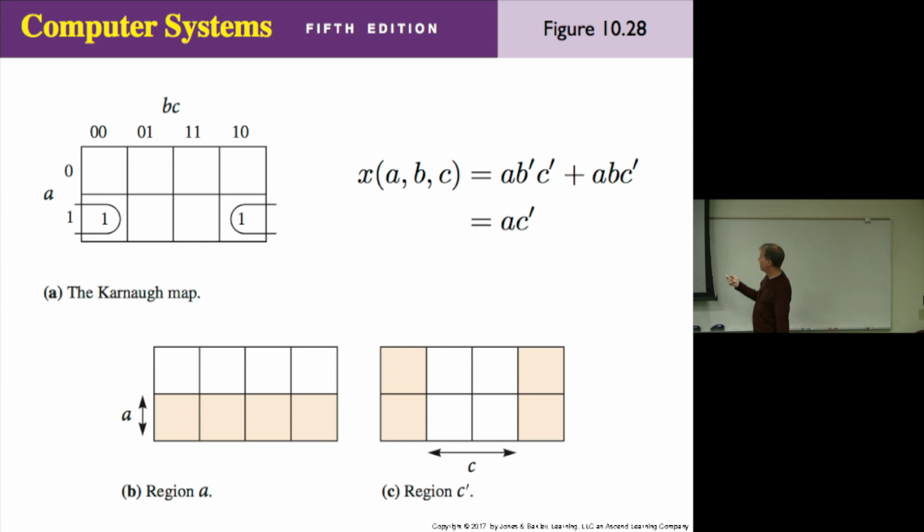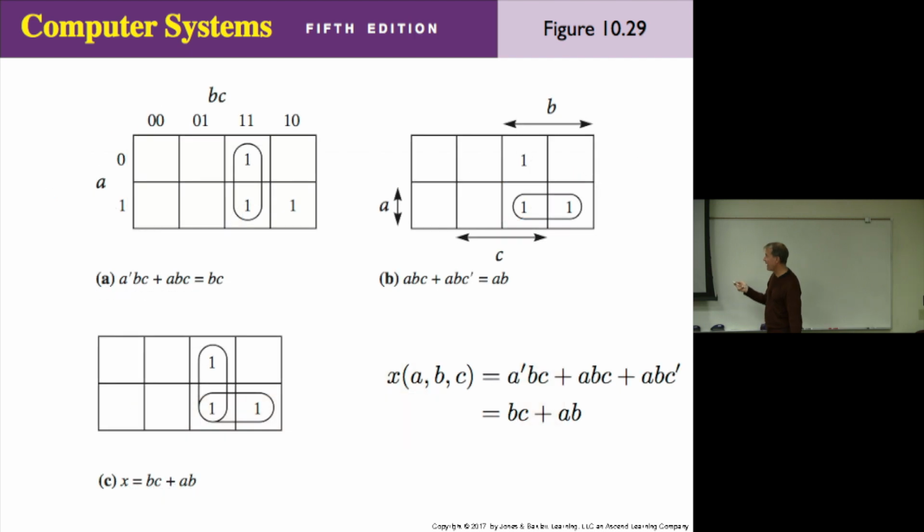Now, figure 10.29 has a function, and what is the canonical expression for this function? There are 3 ones in it. There are ones in the third column, and there's also a one in the right half of the bottom row. So there are 3 ones.